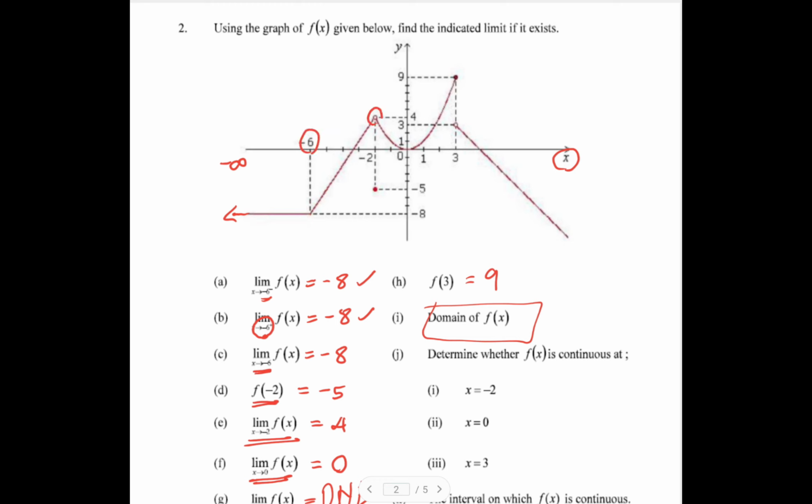And then here, it is not including negative 2 on the upper side, but this one is including negative 2, so negative 2 is also included here. When it stops at 3, this one is included, even though this point is not.